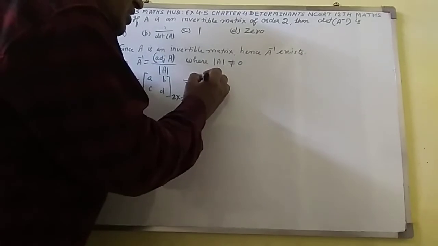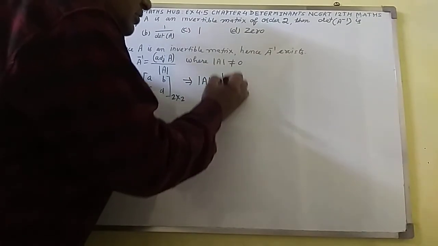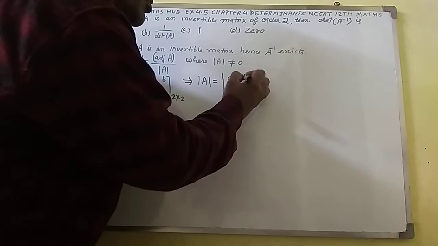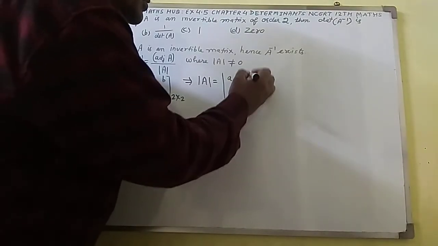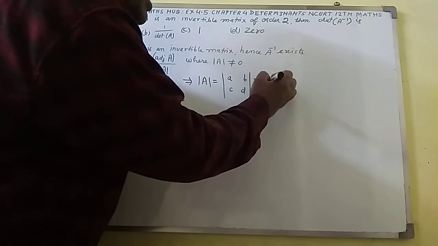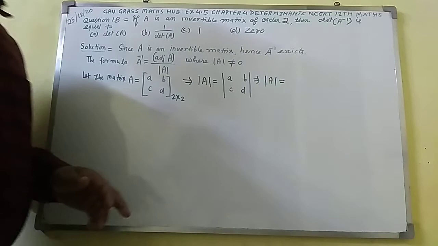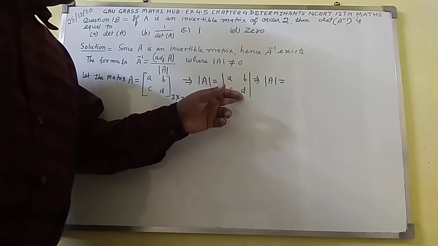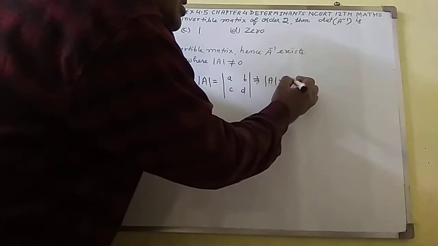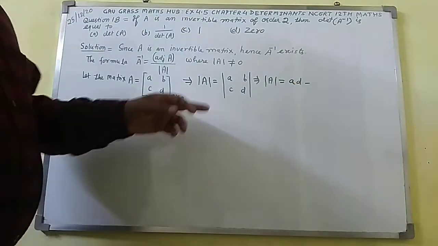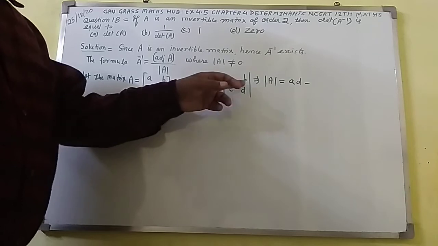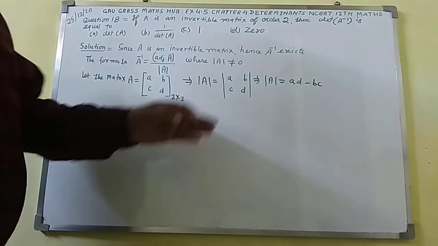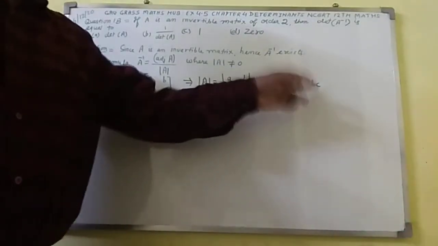So here I shall write determinant of matrix A equal to, elements of first row A, B, elements of second row C, D. The elements of the principal diagonal A and D will get multiplied together, so you will get AD minus the product of the elements of the reverse diagonal B and C. So you have got determinant of matrix A equal to AD minus BC.